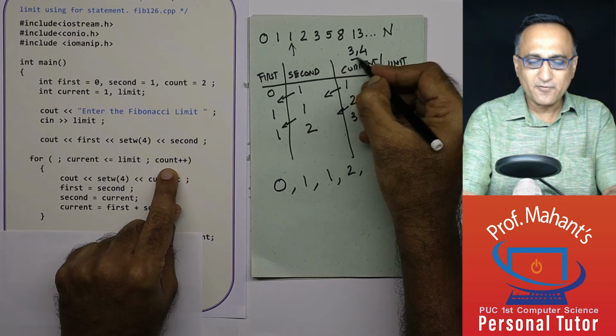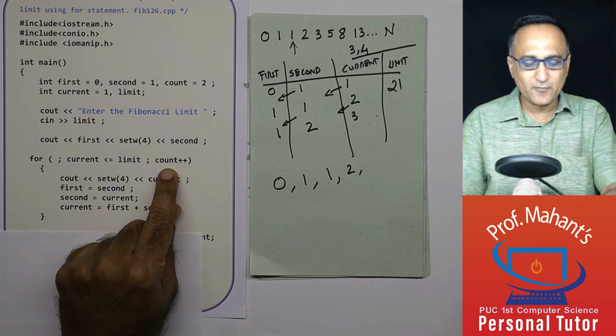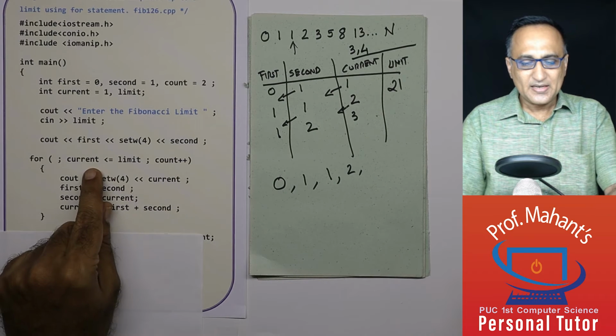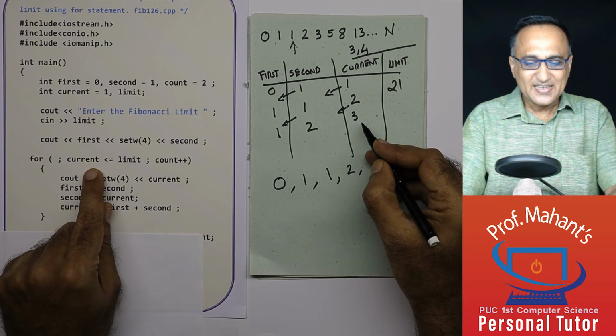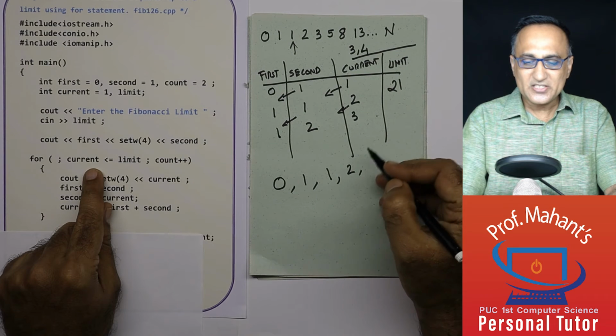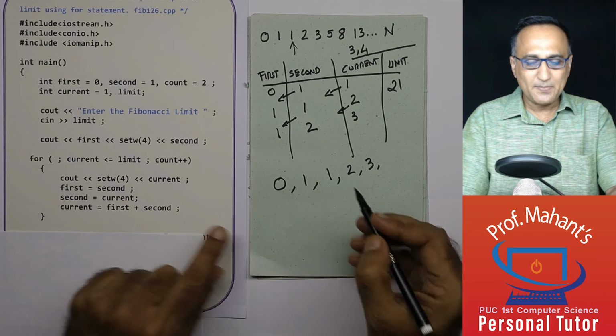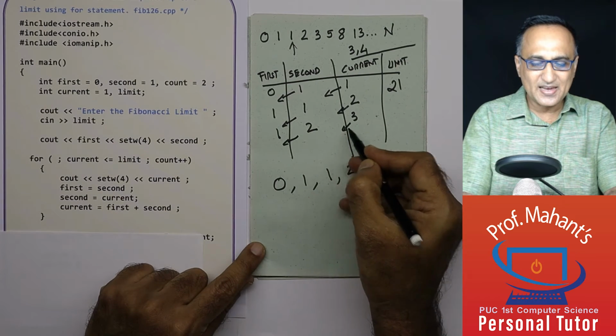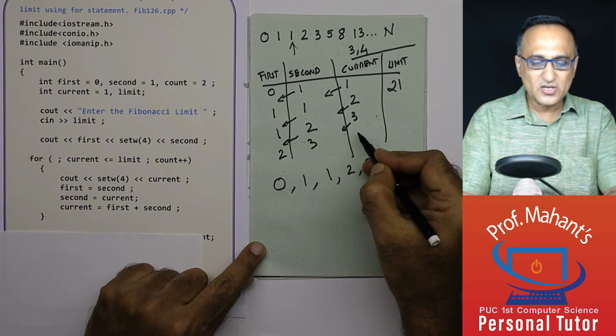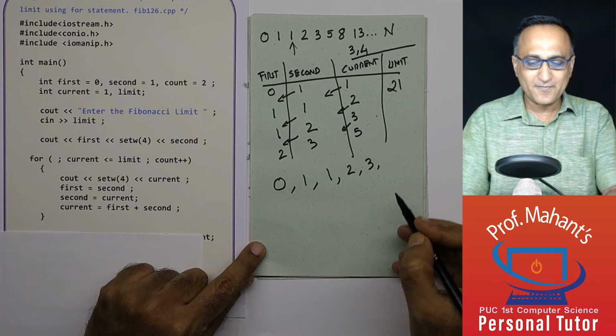Count becomes 4. Now is 3 less than or equal to 21? It is true. So I am printing 3. Then I am doing this exchange process again. This is 2, this is 3, and now current becomes 5.